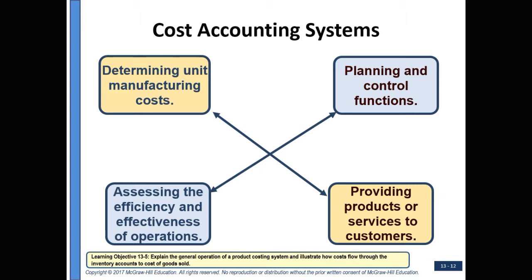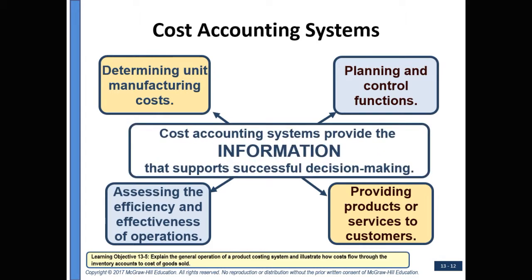Cost accounting systems provide information that supports successful decision making. Cost accounting information is used in determining things such as unit manufacturing costs, planning and control functions, assessing efficiency and effectiveness of operations, and providing products or services to customers.